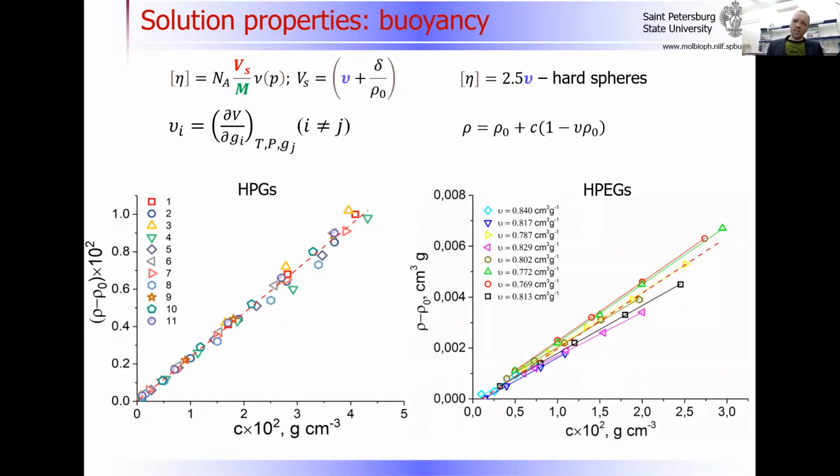It is also considered that for homologues, you should not observe any change of the partial specific volume, so it should stay constant.